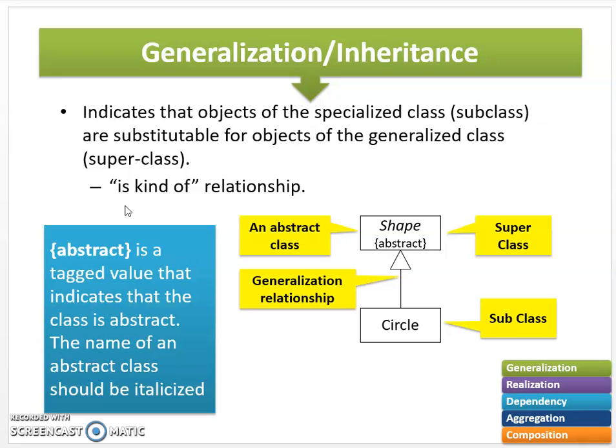Generalization is also known as the "is a kind of" relationship, and it will be denoted by a solid line with an empty triangle pointing towards a superclass. In some cases, you will find that there is more than one subclass. All of them will be joined together, and the arrow will still point towards the class which is the superclass or the base class or the parent.